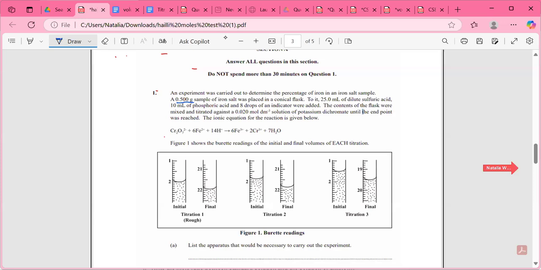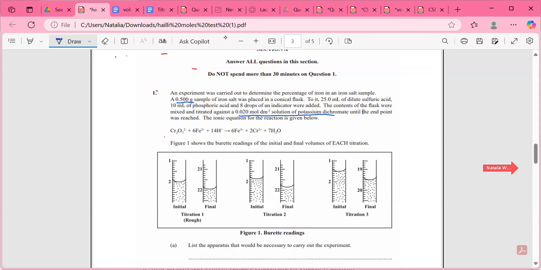To it, 25 ml of dilute sulfuric acid was added. So they're adding acid, and then they added 10 ml of phosphoric acid. Then they added 8 drops of indicator. The contents of the flask were mixed and titrated against 0.02 moles per dm cube solution of potassium dichromate. So my standard solution is potassium dichromate, and its concentration is 0.02.